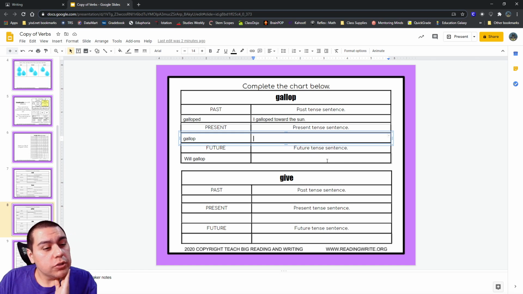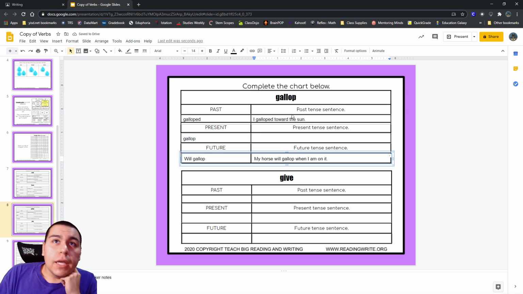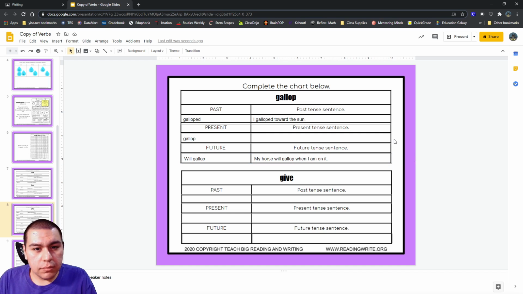What if we make it a future tense? So not galloped, but my horse will gallop when I am on it. The sentence you gave me would work perfectly for past tense, but since I already have one here, I'm just going to change it a little bit to make it a future tense sentence. So my horse will gallop when I am on it.